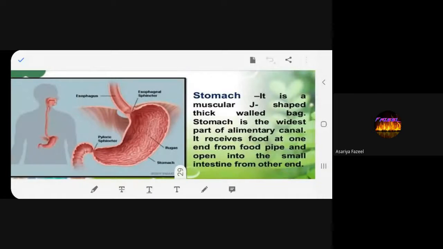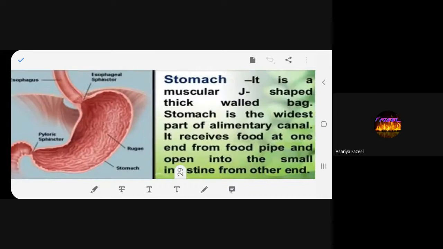What's happening in between? I don't know. I'm not getting your answers. Okay, as a part of revision, will you read the stomach again? Please read, better. If you can hear me, start reading, better.